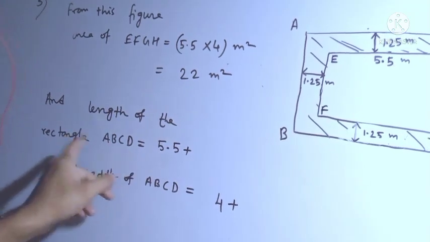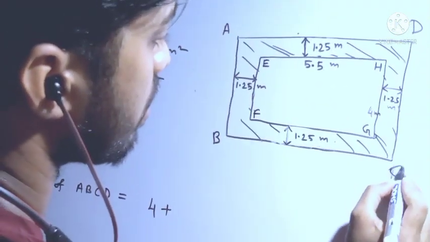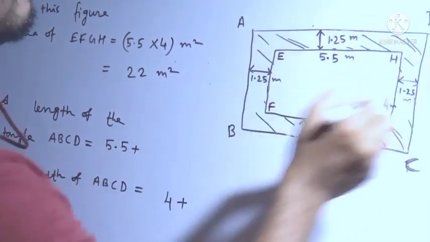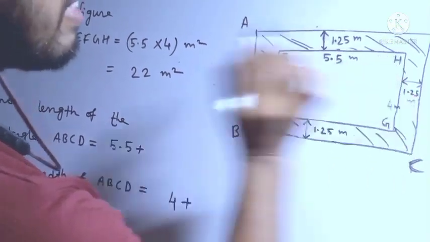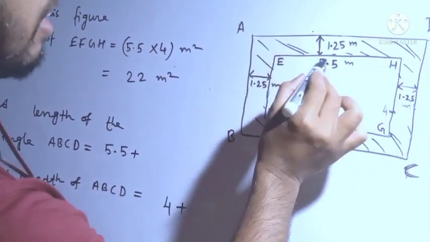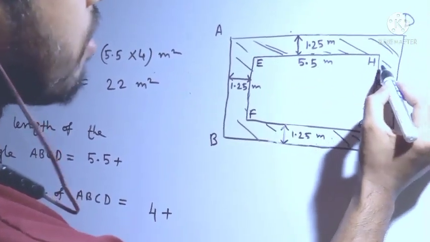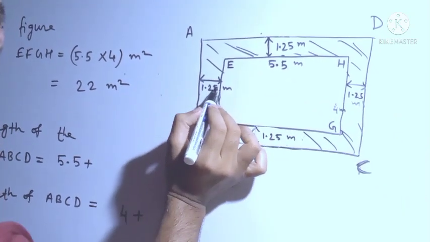And length of the rectangle ABCD, that means the big rectangle, okay, ABCD. So length of ABCD is not given, we have to find, but length of EF is given, EH is given. Length of EH is 5.5 meter and here is 1.25 meter and here is also 1.25 meter wide.